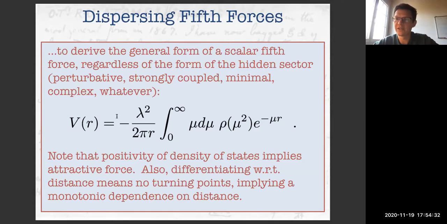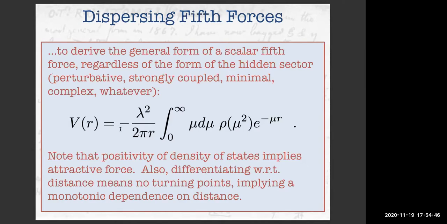That's a vector exchange, and obviously the mass of the photon is 0, but you get the opposite sign between two states that are identical, so between 2 electrons. So where does that come from? The density of states is still positive, but it comes from the Dirac structure in the standard model.